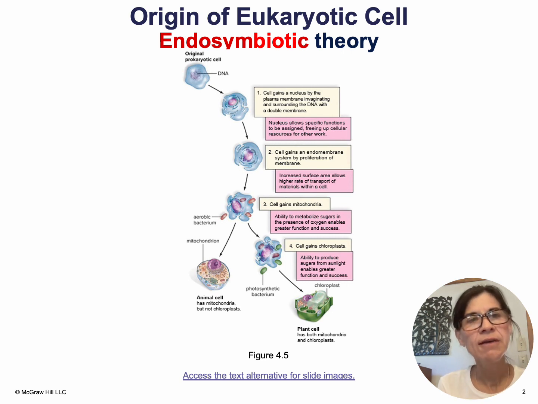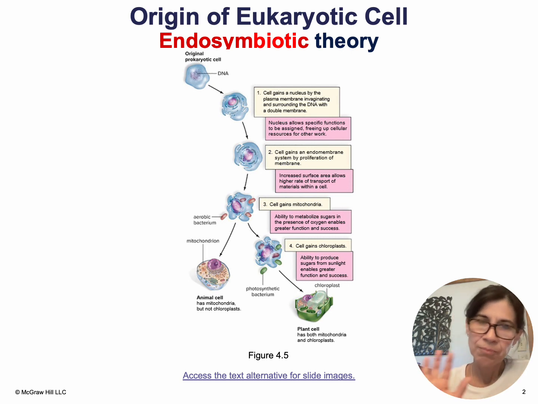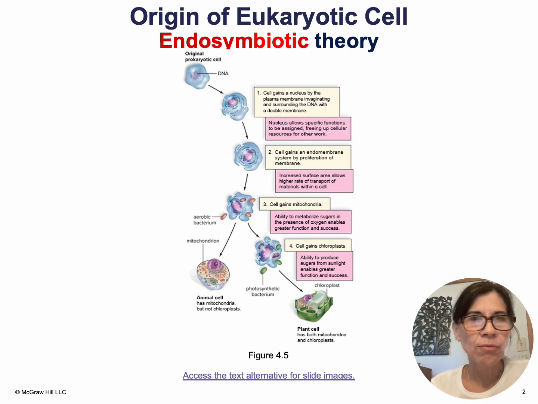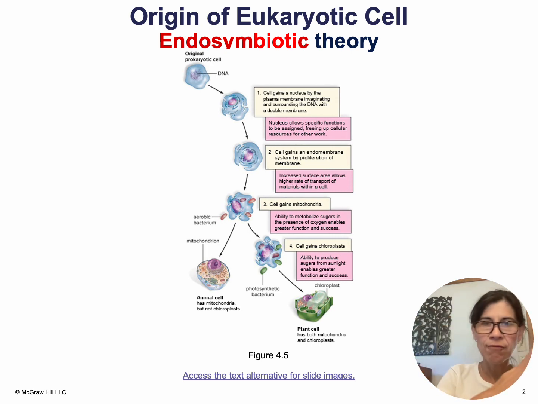So in the theory of endosymbiosis, if you look at the top here, I'm just going to explain it very briefly, superficially. There were original prokaryotic cells. Remember, those evolved first. They did not have a membrane-bound nucleus. And the cell membrane, the outer membrane, started folding inward. The membrane started going inside of the cell until it, in a way, surrounded the DNA.